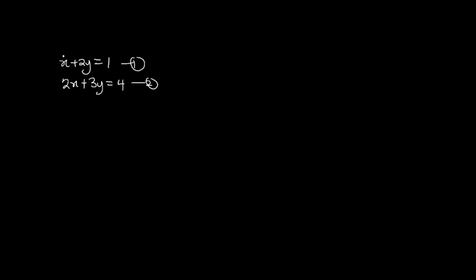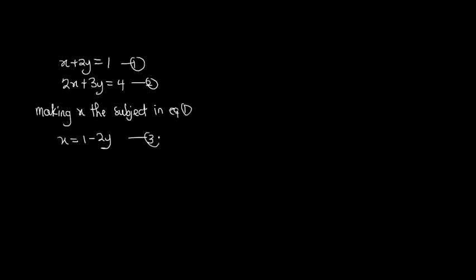Now, from equation 1, let me make x the subject. If I do that, I have x is equal to 1 minus 2y. That is, I maintain the x here and then I send the 2y to the other side of the equal to sign. So let me make this equation 3.